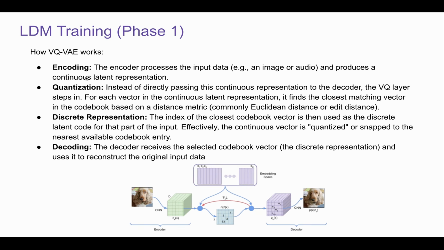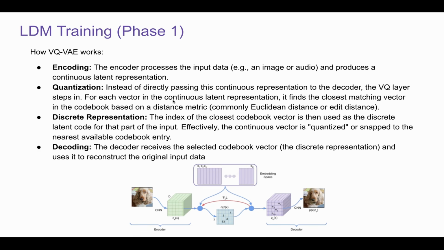First step is encoding. The encoder processes the input data, for example an image, and produces a continuous latent representation. This is identical to the regular VAE. The difference is the next step, quantization. Instead of directly passing this continuous representation to the decoder, the VQ layer steps in.